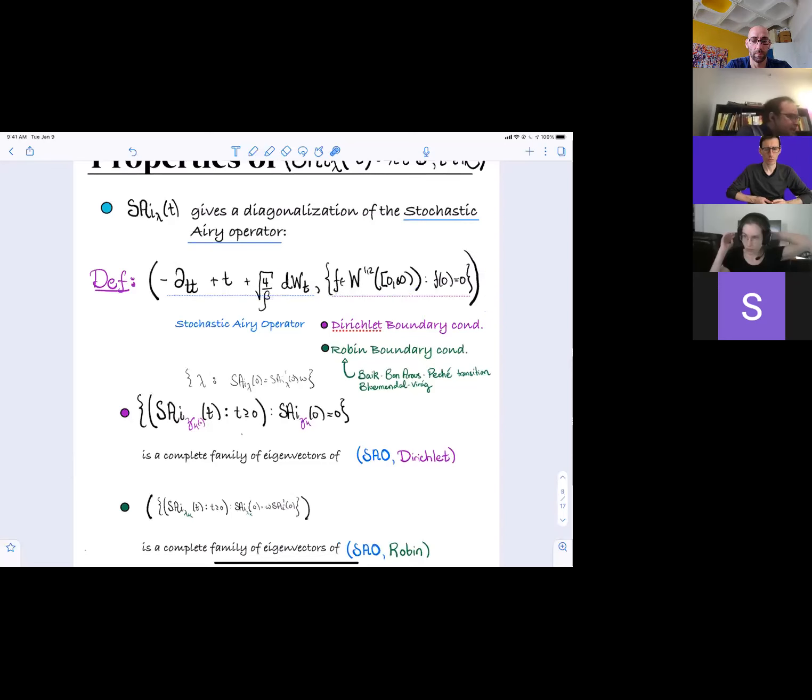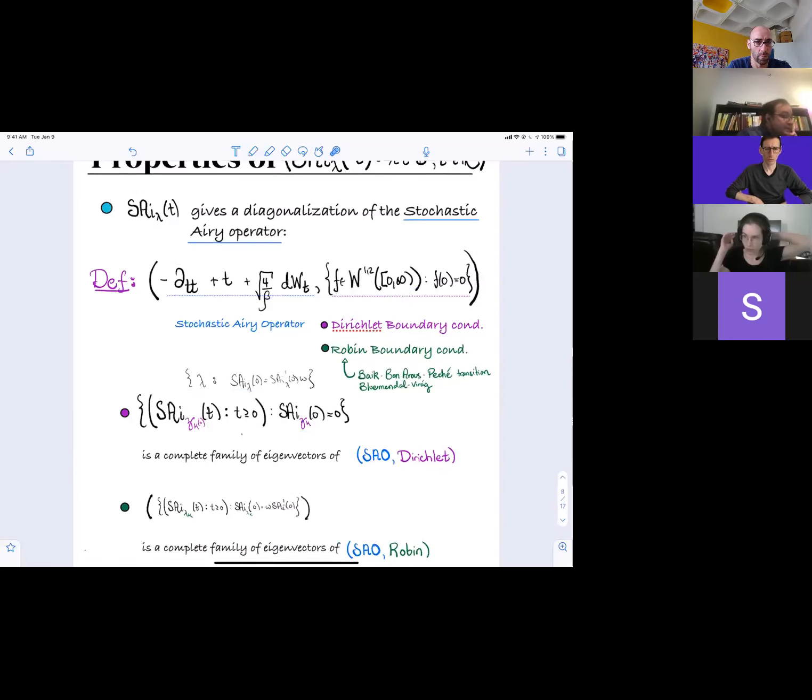The SAI lambda, this bullet here: if you fix any value t, say t equal to 0, and you look at the zeros of SAI lambda 0, they're the zeros in lambda of this random entire function at a fixed t equal to 0. Those are the z_k.